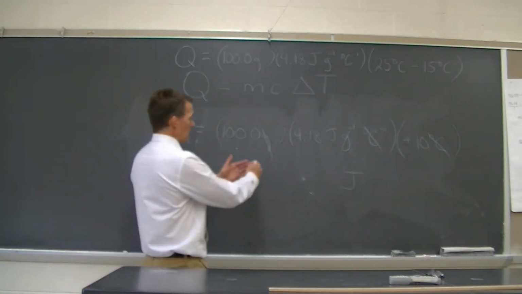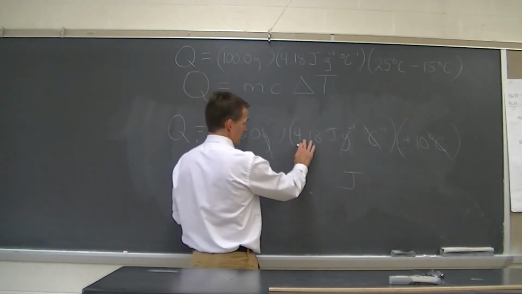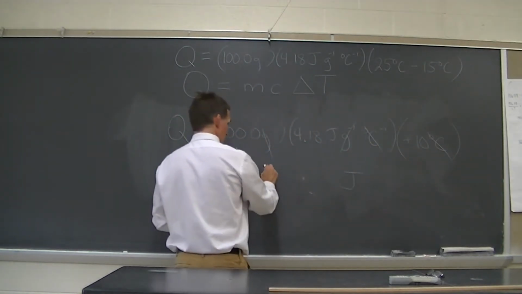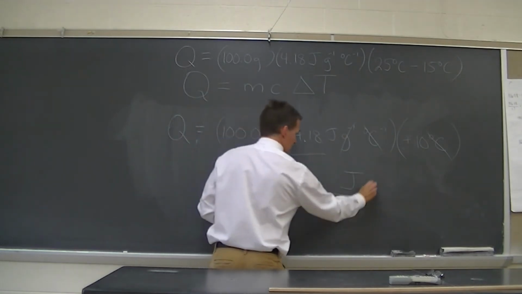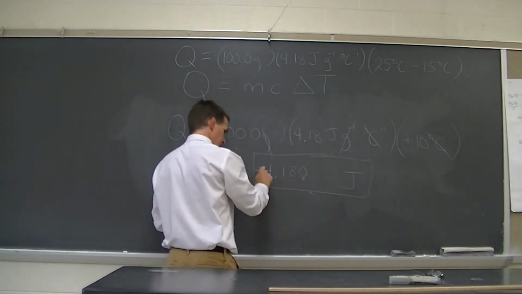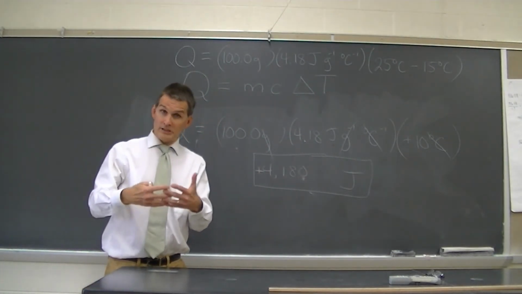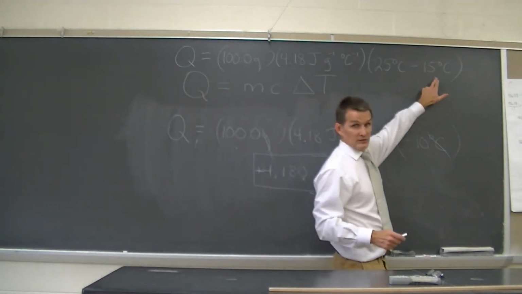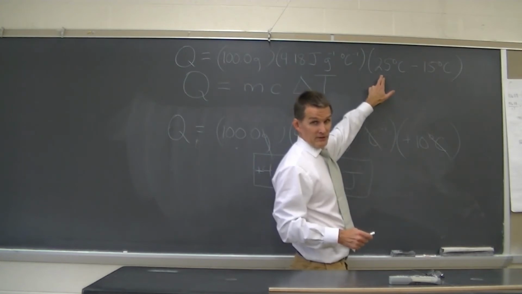So now, I'm just going to take this 4.18, I'll multiply it by 100, which will give me 418, and then I'll multiply that by 10, which will be 4,180 joules. And because this is positive, it'll be a positive 4,180 joules that the water will need to gain as heat in order to go from 15 degrees Celsius, the initial temperature, to 25 degrees Celsius, the final temperature.